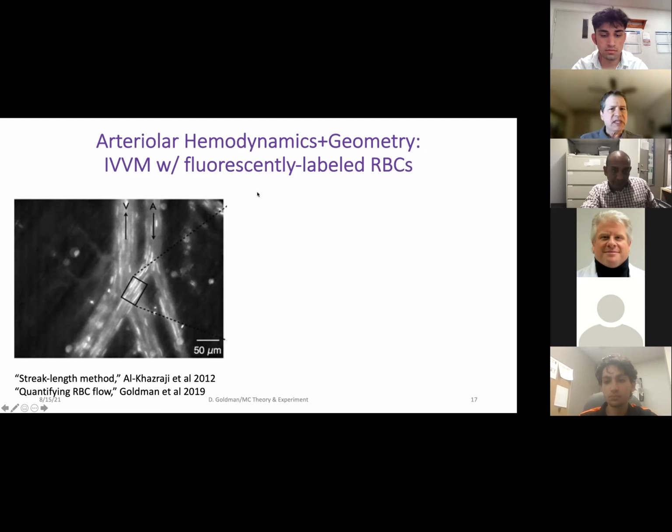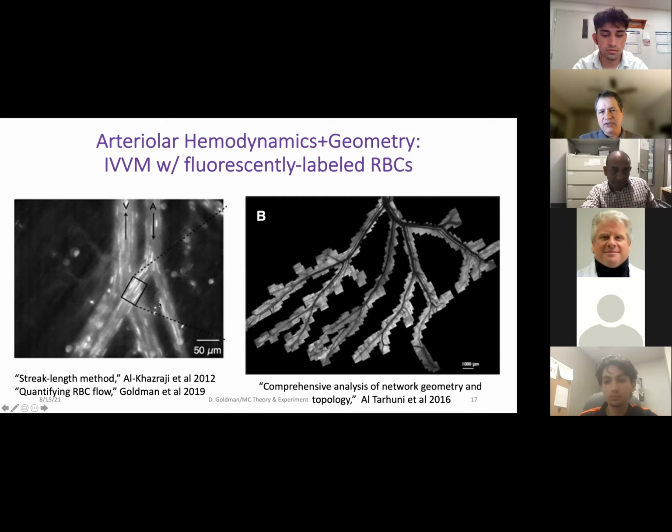Okay? And so that's a way to measure flow in intact tissues like the gluteus maximus muscle at the arteriolar level. And using similar techniques, you can go through, and now this is really painstaking, but this is about 500 fields of view that were put together by Mohammed Al-Tarhuni, and he reconstructed the arteriolar tree, which is the smaller lines, and the fatter lines are the venular tree in this muscle.